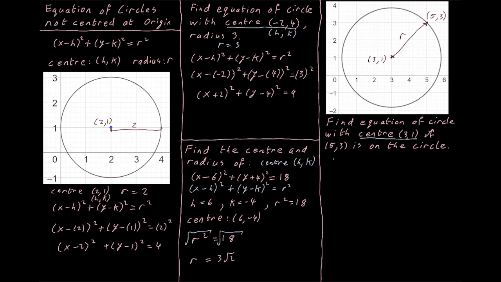So if I'm asked this in an exam, my first job is to write down the equation of my circle, because I can see it's not centered at the origin, so I'm going to use my formula here. And I know my center is at h, k.